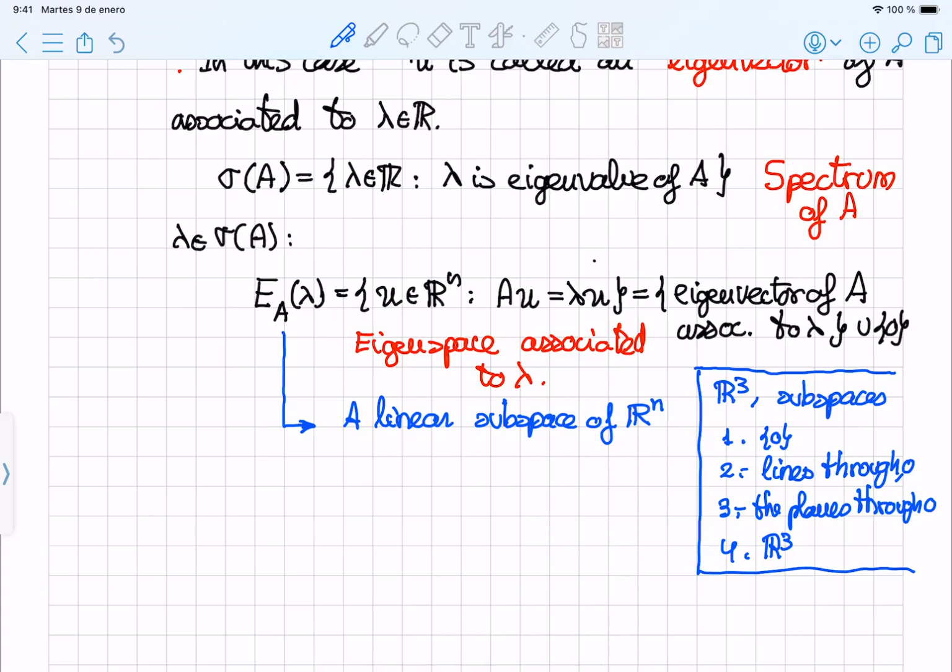So basically, a subspace of R3 or R4 or R2 is the same. It's always the zero, the lines that go through zero, the planes that go through zero, and so on. Depending on whether they are lines or planes, we can find a basis that describes the vectors. A basis for a line is one vector, and a basis for a plane consists of two vectors.